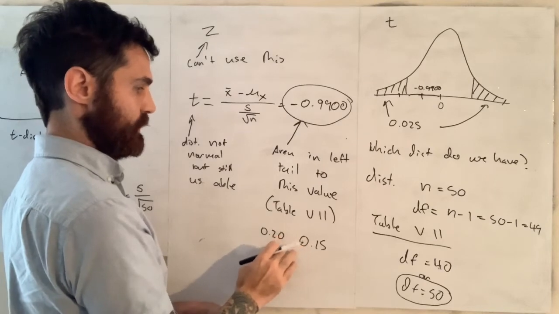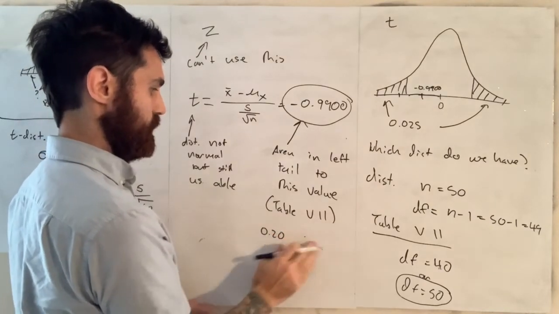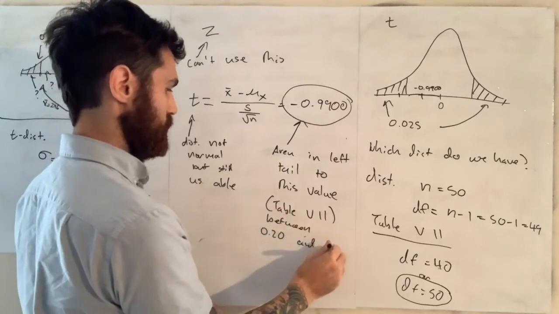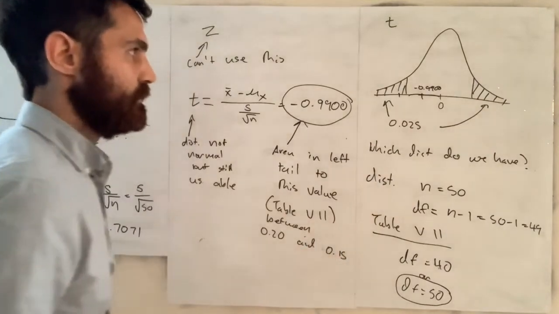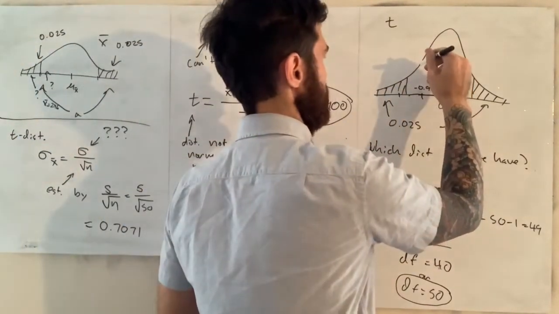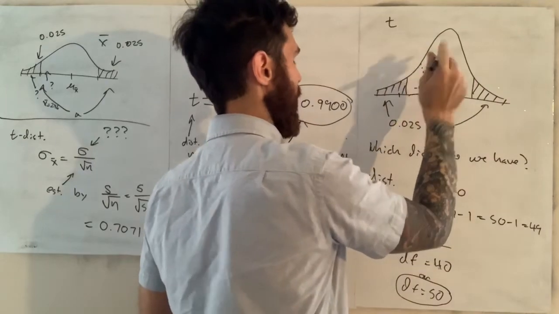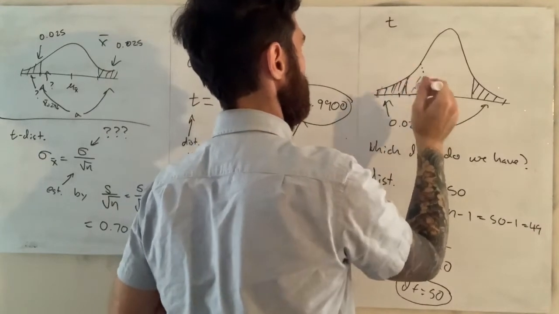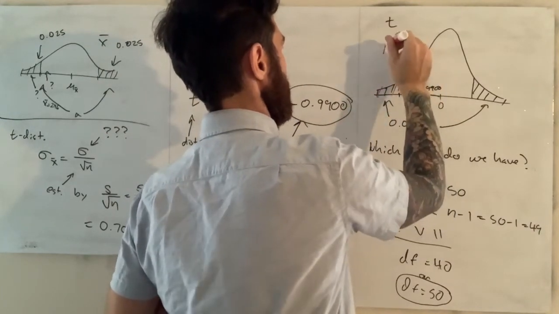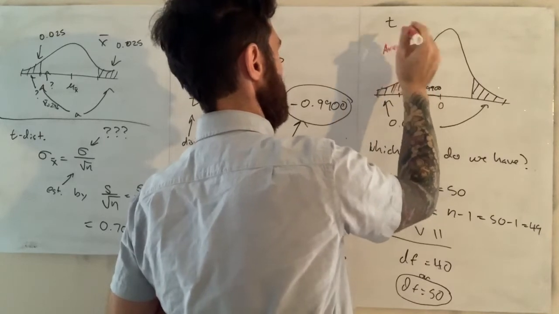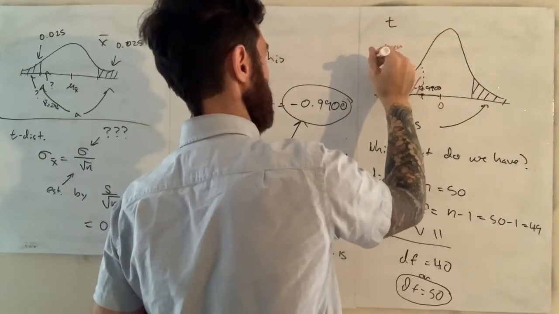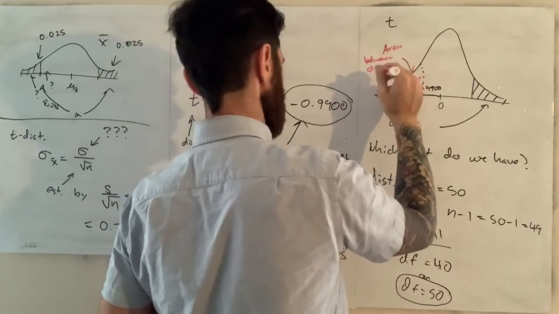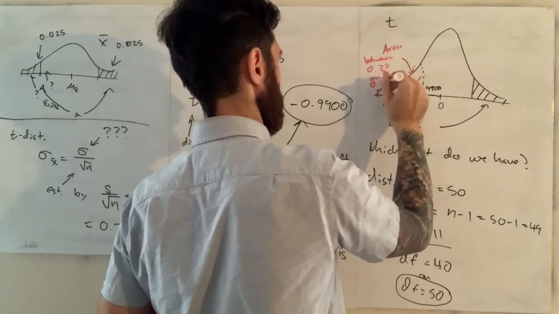This is between and. So what that means is, if I look at this actual area here, this area is going to be somewhere between 0.20 and 0.15.